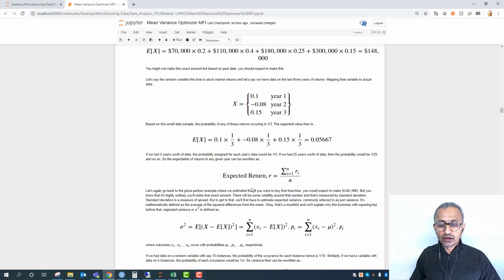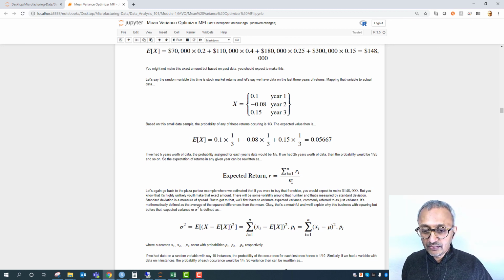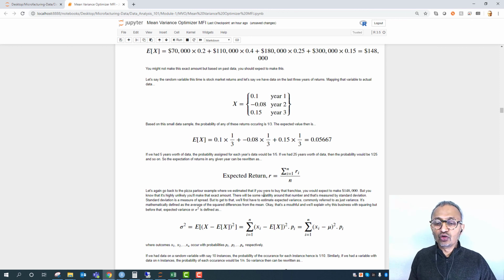Say you have 100 years' worth of data, n would be 100, and you sum up all these returns, do this math, and come up with the average. This is how you calculate average: you have five numbers, you add them all up, and you divide by the number of occurrences, and that gives you an average.